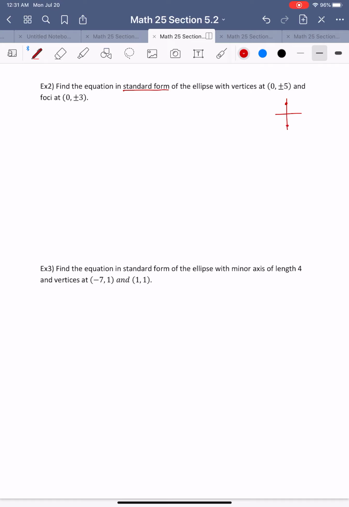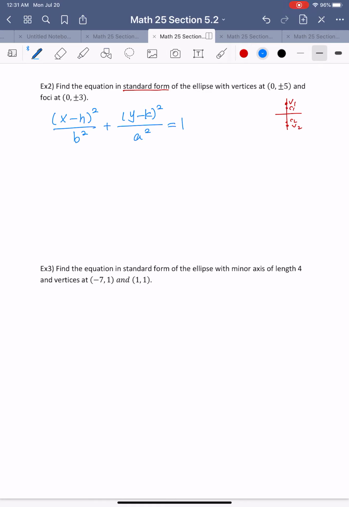So vertex 1, vertex 2. Foci also here too, c1 and c2, okay? So I know that a squared comes with a y, okay? So I'm going to write down x minus h squared over b squared and y minus k squared over a squared equal to 1. I like to put it this way.